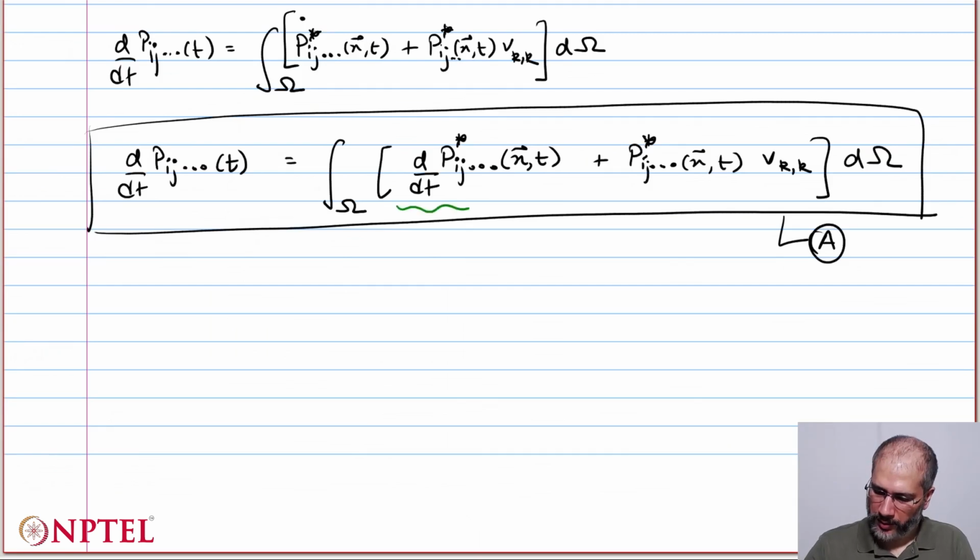Now this quantity here is the material derivative of some property written in the Eulerian description.